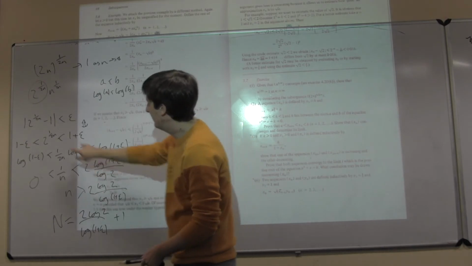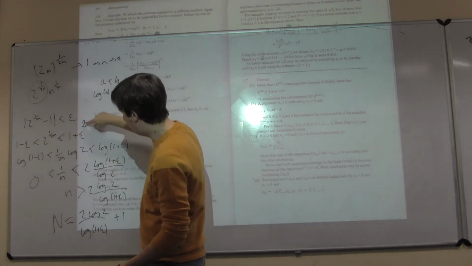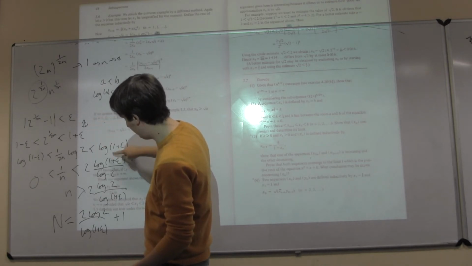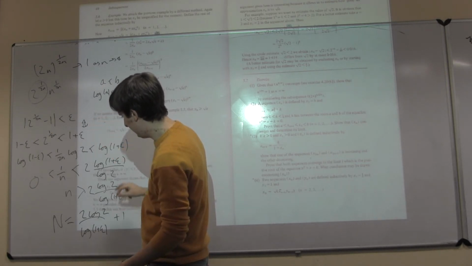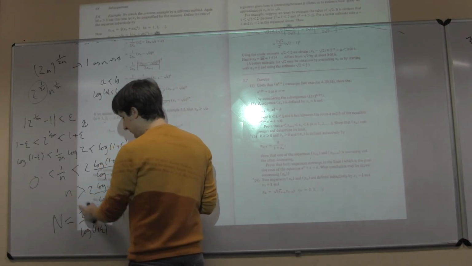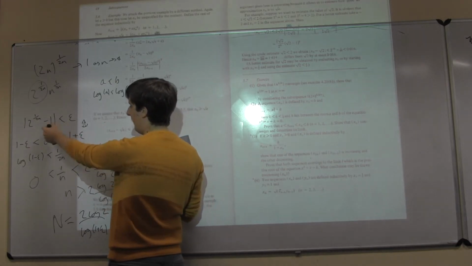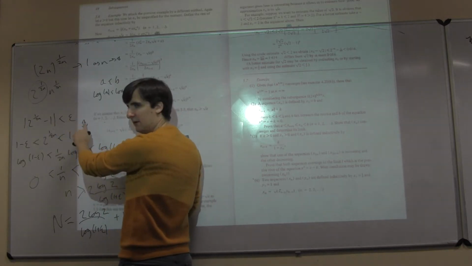So we had 2 to the power of 1 over 2n minus 1 is less than epsilon. This was true if and only if this, if and only if this, if and only if this. So we've discovered that if n was bigger than this thing, then this is less than epsilon.